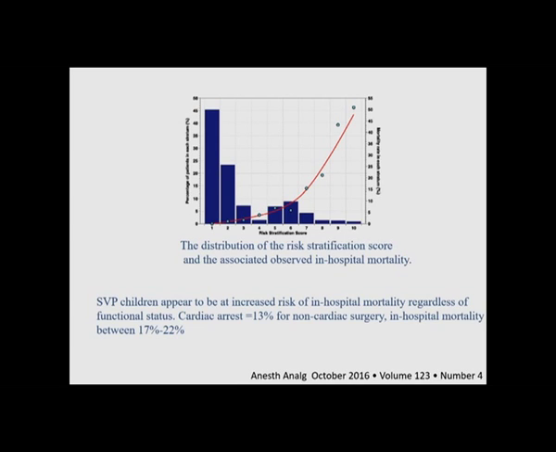And the single ventricle children appear to be at an increase of in-hospital mortality regardless of their functional status. If they're stable or unstable, they have a very high risk of cardiac arrest for non-cardiac surgery, and a very high risk of in-hospital mortality.